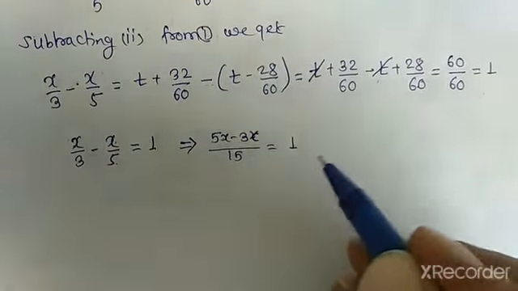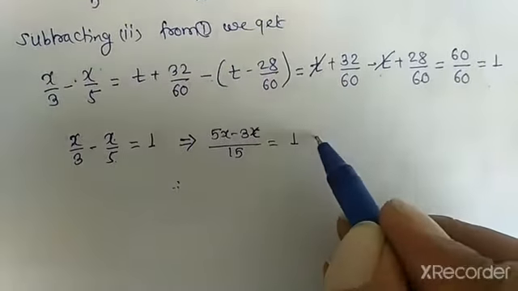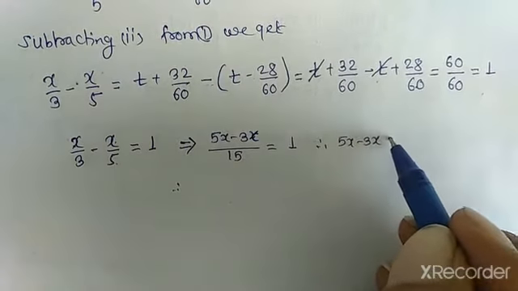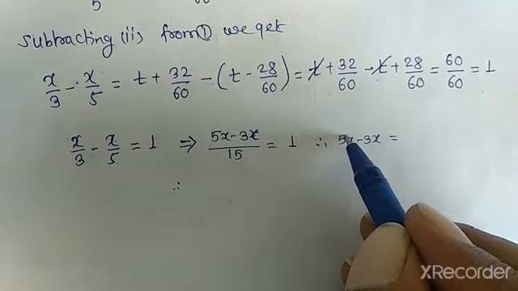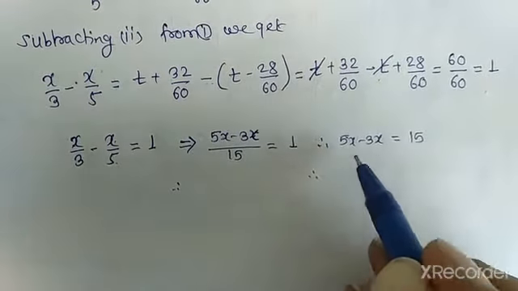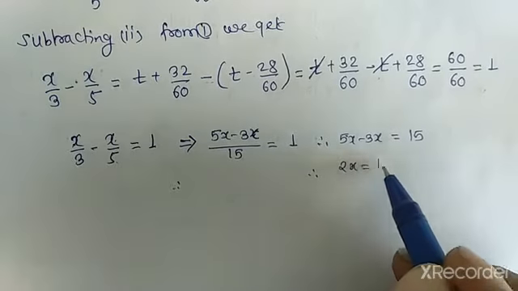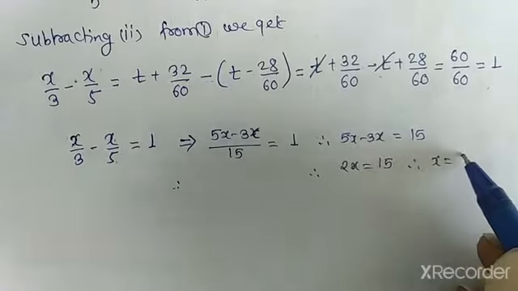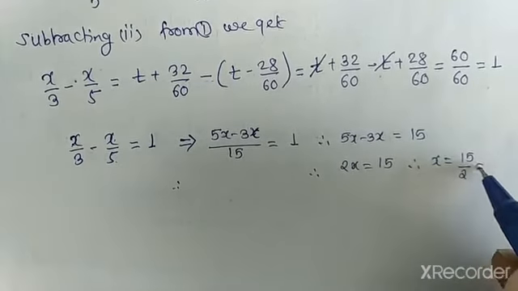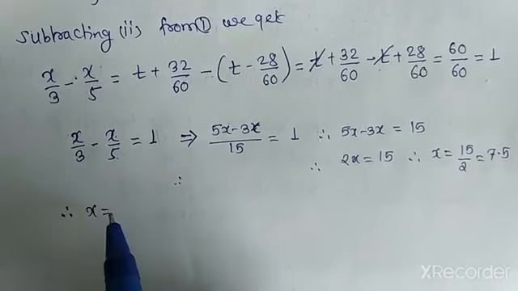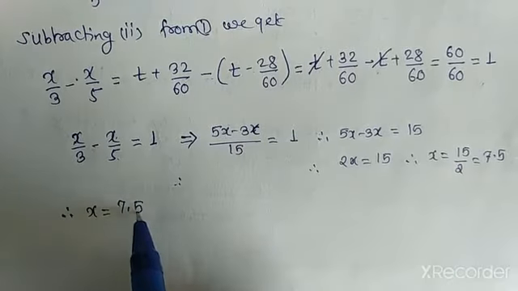So we can shift it across, so it will become 5x minus 3x, which is 2x, is equal to 15. So 2x is equal to 15, which implies that x is equal to 15 upon 2, which is equal to 7.5. Therefore we have got the value x is equal to 7.5.